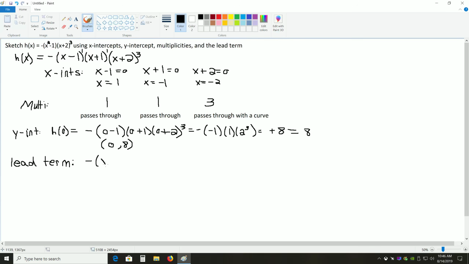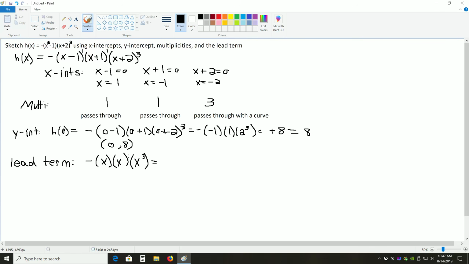So negative times x times, again, our largest term is x in this case. And then one more time we have this x, but notice its exponent is 3. So it's x to the third power is our lead term there.